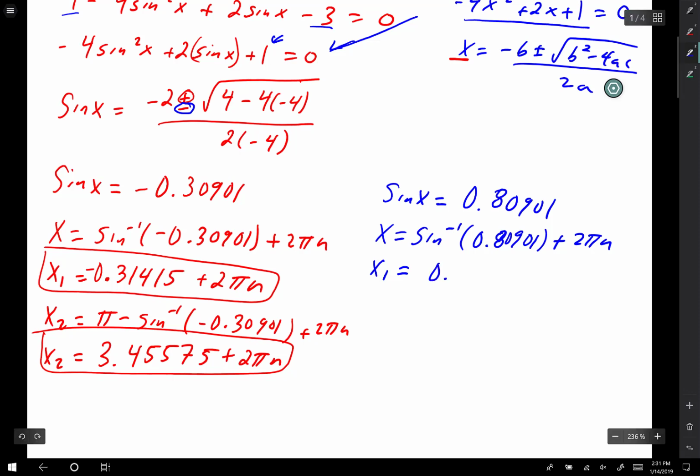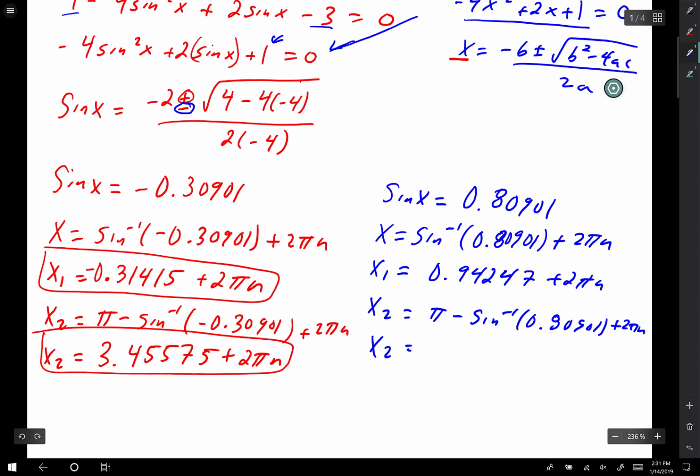And I got 0.9424777 plus 2 pi n. x2 is pi minus 0.94247, or pi minus arcsine of 0.80901 plus 2 pi n.